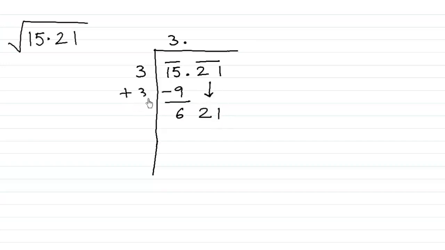And over there, yes, you have guessed it correctly, 3 plus 3 is 6. Now we need to find a number such that when it is placed after 6, for example 61, 62, 63, and then multiplied with itself, it will give us 621 or a little less than that.